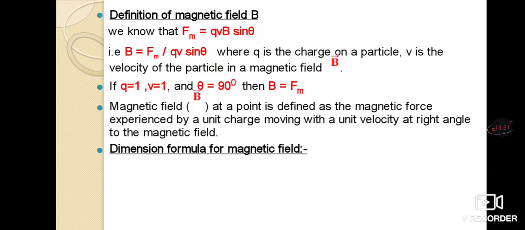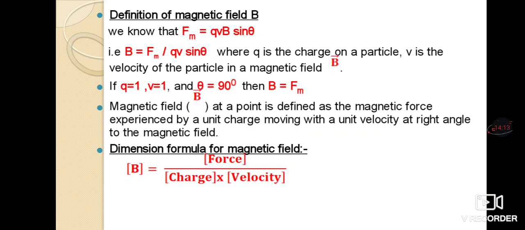Then we will discuss how to write the dimension formula for the magnetic field. B is equal to Fm divided by QV sin theta. Fm means the magnetic force, divided by Q, which is the charge, and V is the velocity. For sin theta, we don't have any dimension formula. The dimension formula for force we already know: M raised to 1, L raised to 1 and T raised to minus 2, divided by the charge.